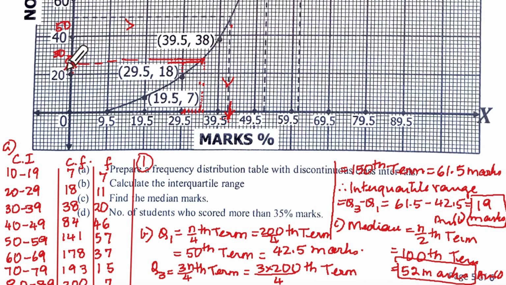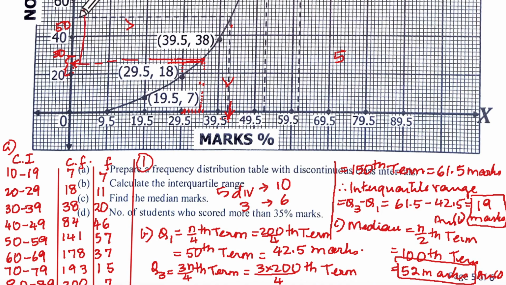Understanding? So you are having 5 divisions corresponding to 10 students. So 3 divisions will correspond to how much? 6 students, correct? 5 divisions correspond to 10 students, so 1 will correspond to 2 students. So there are 3 divisions, so 2 times 3 is 6.